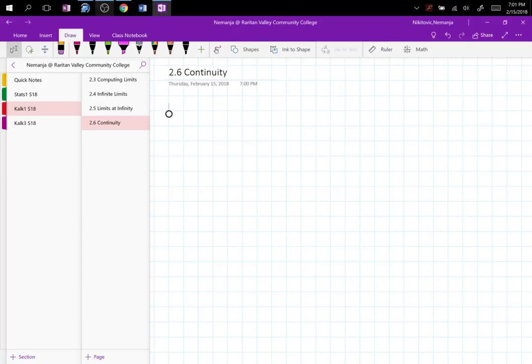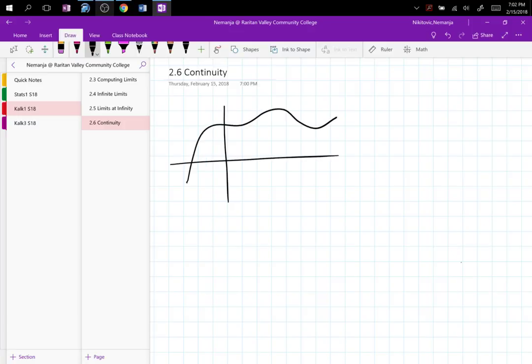Hello and welcome back to Calculus 1, section 2.6, continuity. So let's take a look at what it means for a function to be continuous and use it for various other concepts that are coming up. In general, people like to think about continuity of a function as just one stroke, that it's uninterrupted.